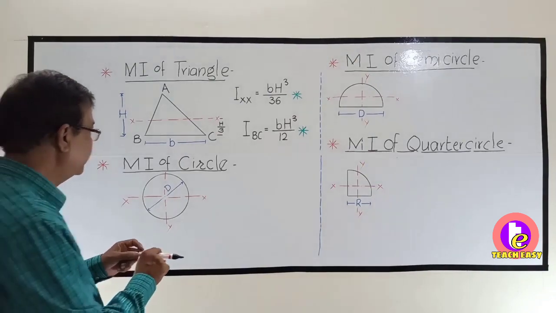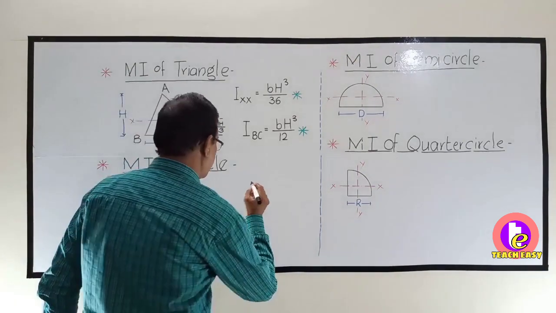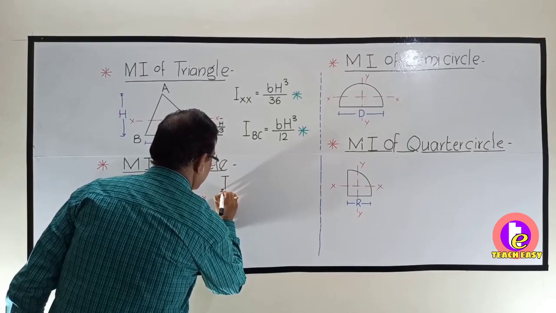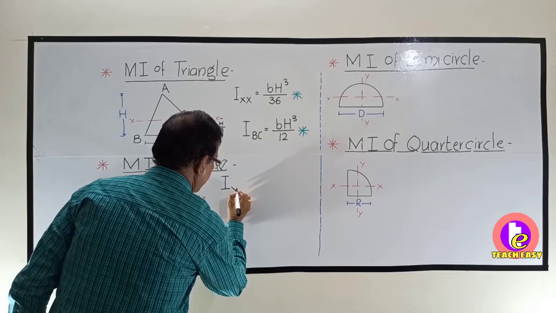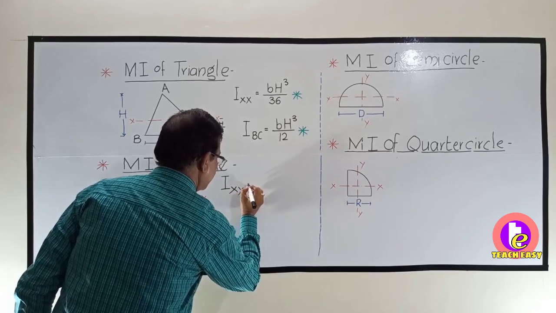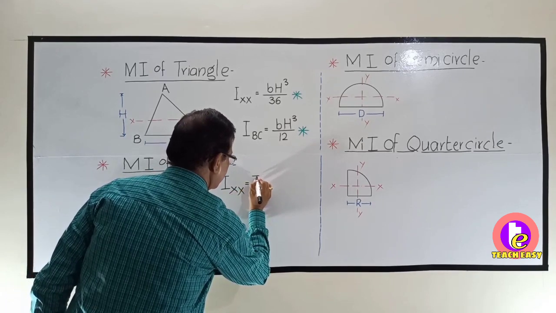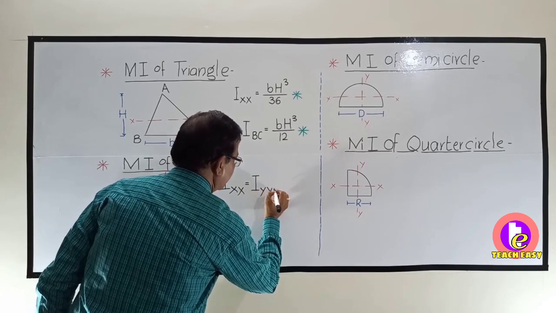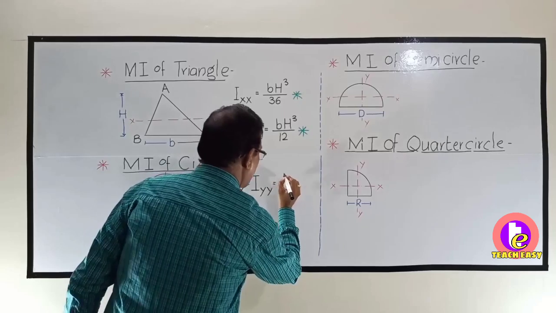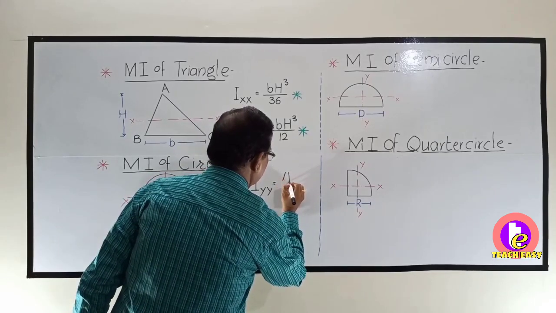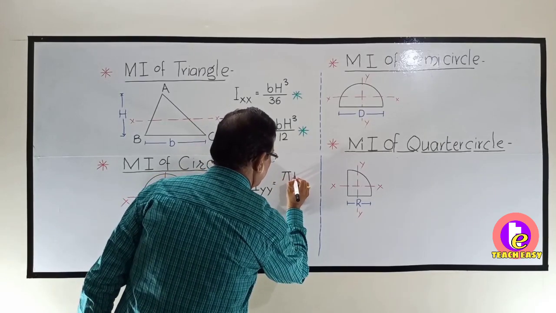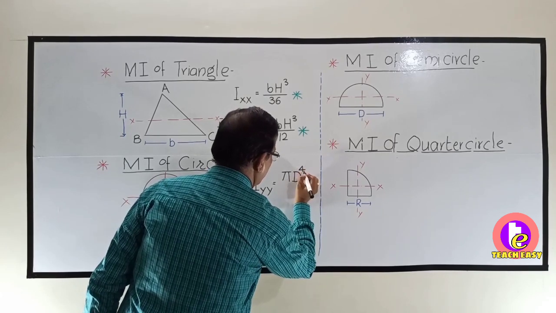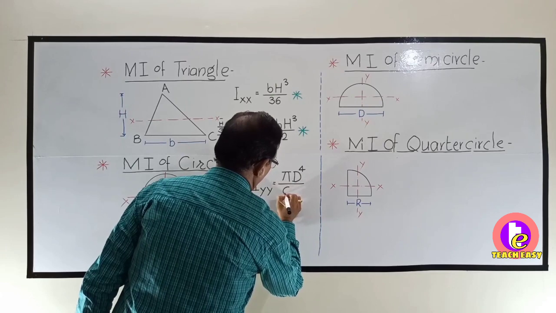The moment of inertia of a circular lamina about any diameter, that is Ixx is equal to Iyy, is given as pi into d raised to 4 divided by 64.